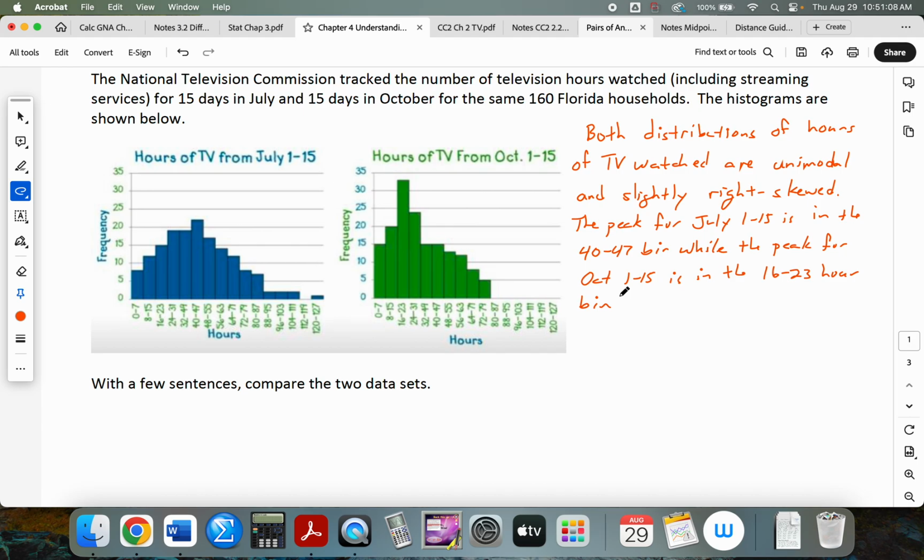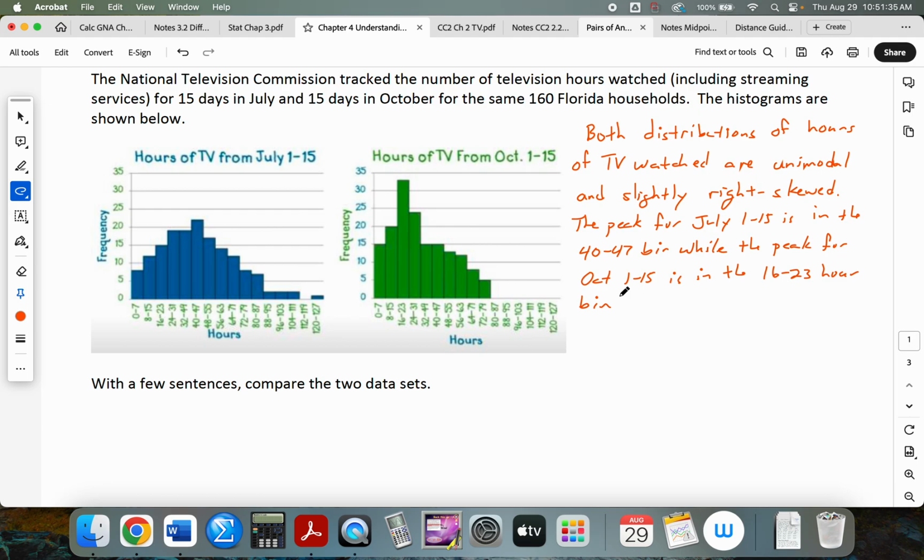So then what's next? What do you want to talk about next? Variability. All right, so we can talk about variability. Now, it would take a long time to figure out exactly where any of the things are, right? I can't figure out exactly in either case the standard deviation.